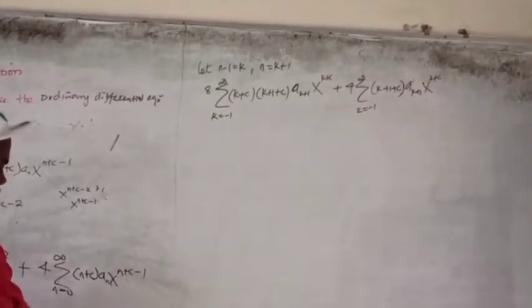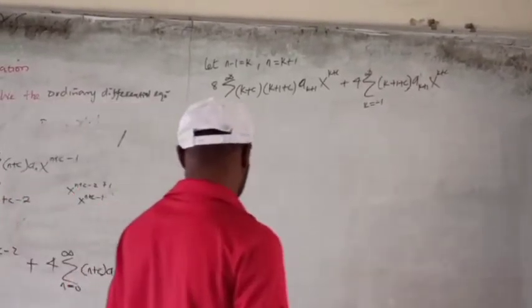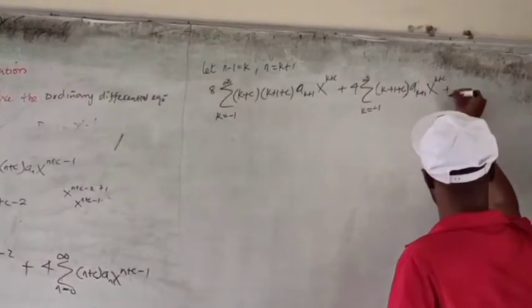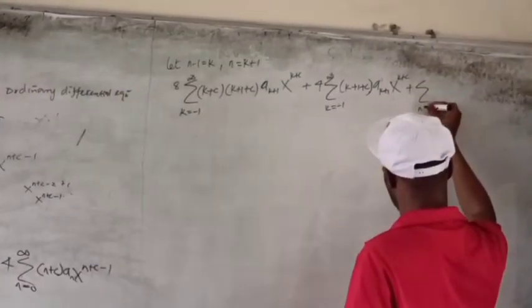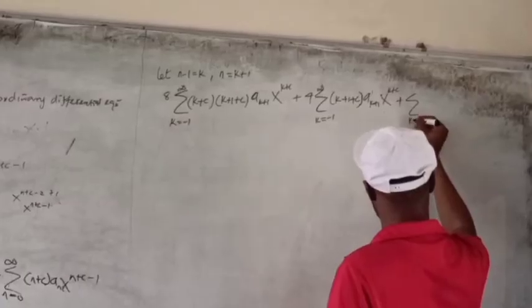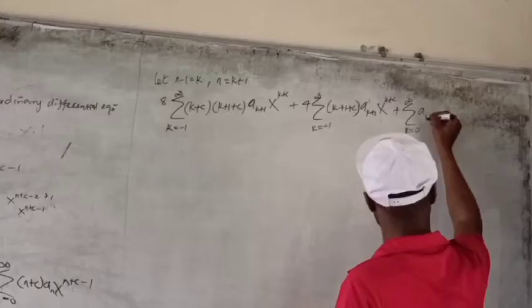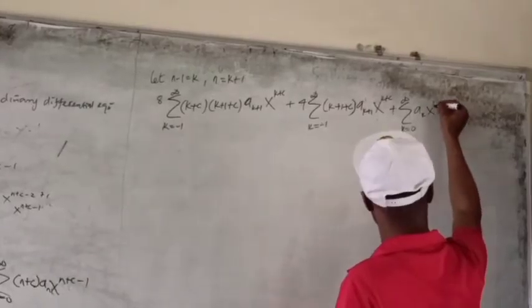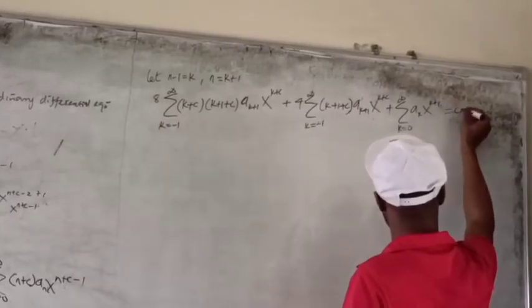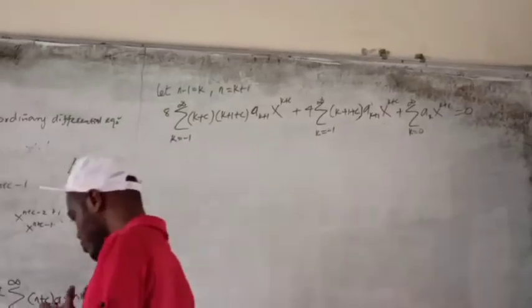So if I let n equal k, I have plus the summation from k equals 0 to infinity of a subscript k, x raised to the power of k plus c. All these are equal to 0.